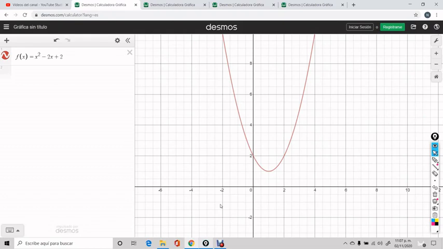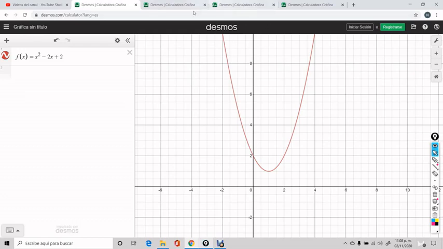Okay, guys, so now that we understand the basic idea behind increasing and decreasing functions, I'm going to show you how to use calculus, and more specifically the derivative, in order to know analytically in what intervals a function is either increasing or decreasing.